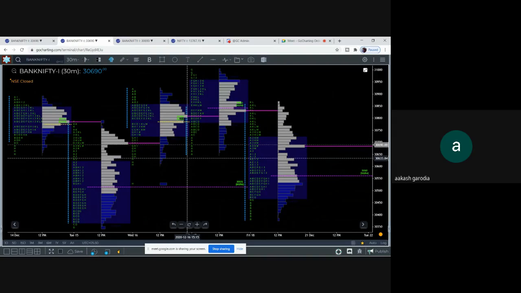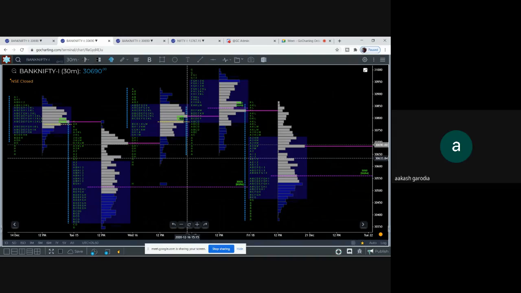If they want to keep the price within that range, the initial balance will be the entire range for the day. So initial balance actually is a very key point to determine what kind of day will develop.